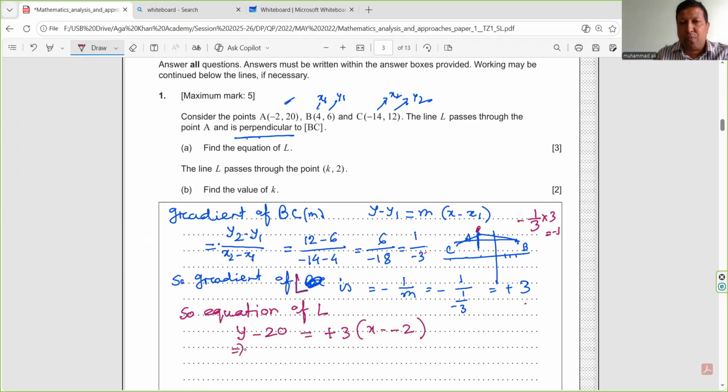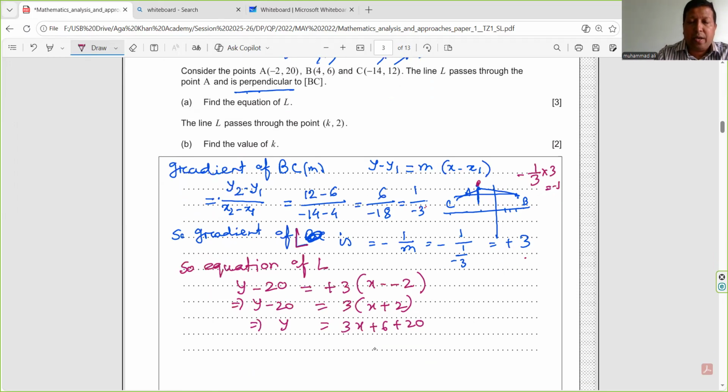So it will be y minus 20 equals 3x plus 6. So if we simplify, we will get 3x plus 6 plus 20. So finally, it is y equals 3x plus 26. So this is the first answer.